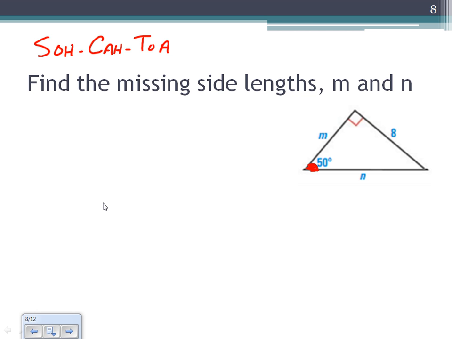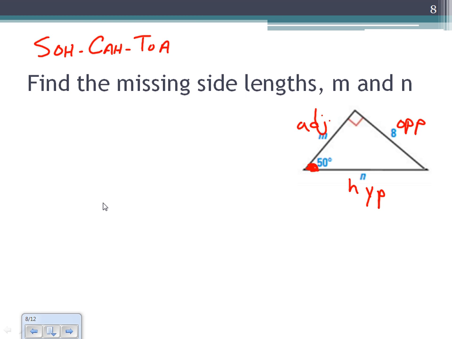No. So what would the 8 be instead? The opposite. What would the N be, Brian? I disagree. Why? N as in Nancy. Because it's crossing the right angle. And that leaves what for M? Adjacent.